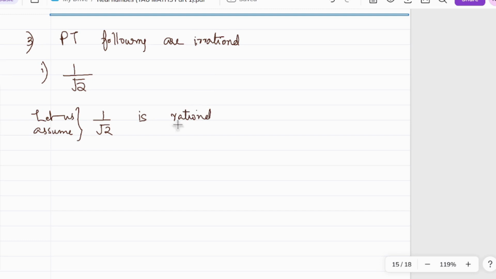Now if 1 by root 2 is rational, we can write it in p by q form. So we will write a by b, where a and b are co-primes. If they are co-primes, they have only 1 as a common factor.